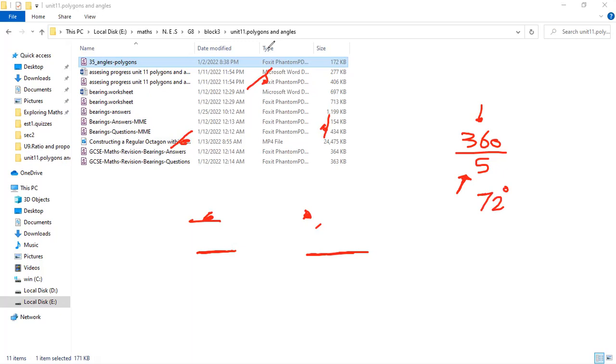The second way to find an exterior angle is to find the interior angle. How can we find the size of any interior angle of this regular pentagon? It's (n minus 2) multiplied by 180 divided by n. So it's 5 minus 2, 3, multiplied by 180, 540, divided by 5, it will be 108.